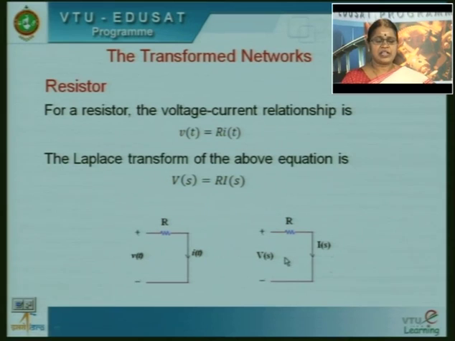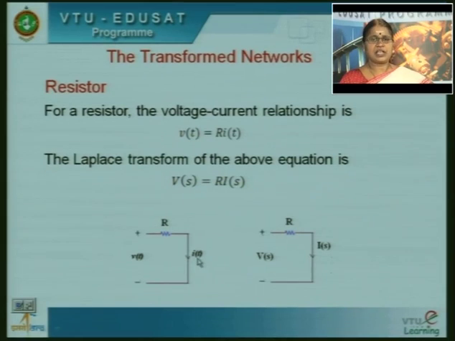So, this is the transformed network of this circuit. The circuit has a supply voltage of value V of t, R is a resistor, I of t is the current. The equivalent circuit in S domain has a supply voltage of value V of S, R is the value of resistor, and I of S is the current flowing through the circuit.